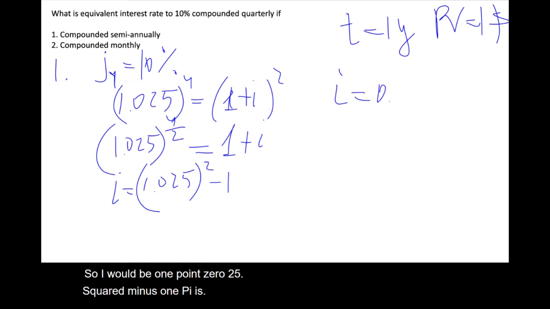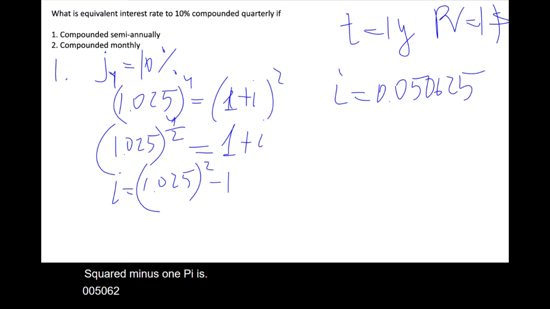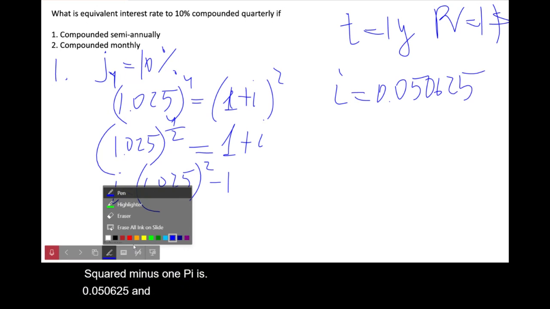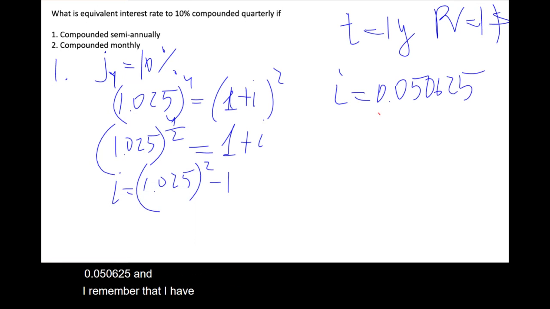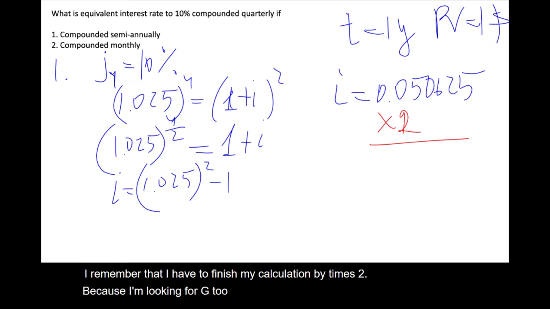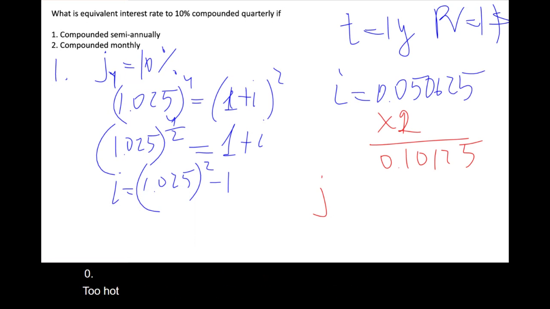Okay, so 0.050625, and I remember that I have to finish my calculation by times 2 because I'm looking for J2, right? So J2 is 10.125%.